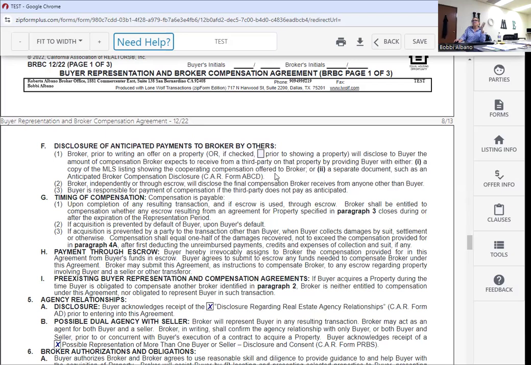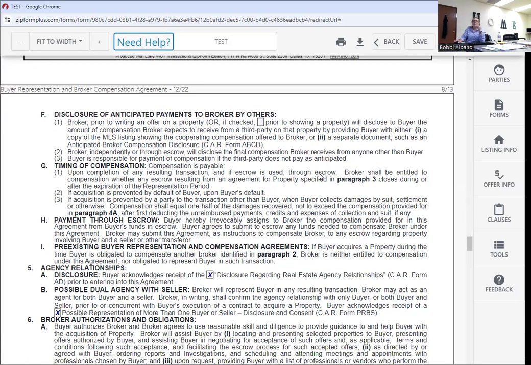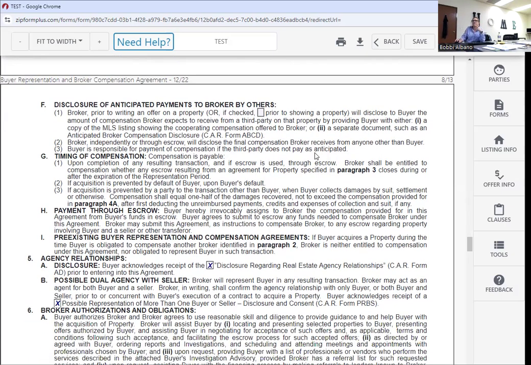So this is just saying that if you know as the agent that the seller's offering compensation or something of that nature, or you've agreed to some sort of compensation, you will disclose to the buyer that fact. You're not going to keep it to yourself and just collect as much as you can. You need to disclose what you've already agreed to accept on different terms from the seller or other.